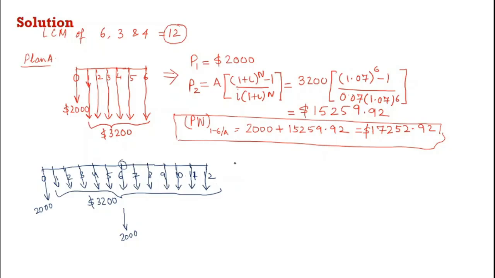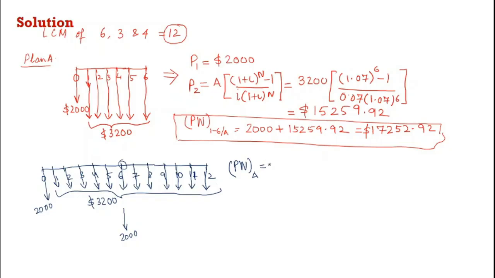So if I just find out the present worth of plan A by drawing the complete cash flow diagram, here 12 is not that large, so I can draw the cash flow for 12 years, but if it is a case of 50 years or 60 years, then sometimes it will be difficult to draw the cash flow. So we'll see how we'll take up that case also.